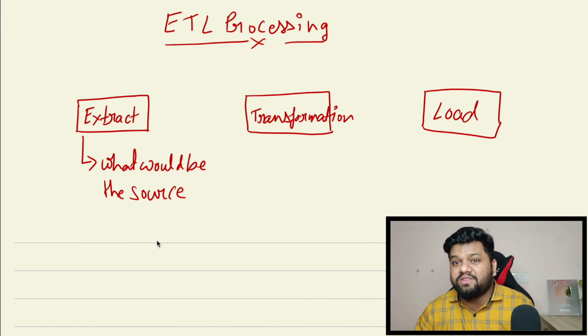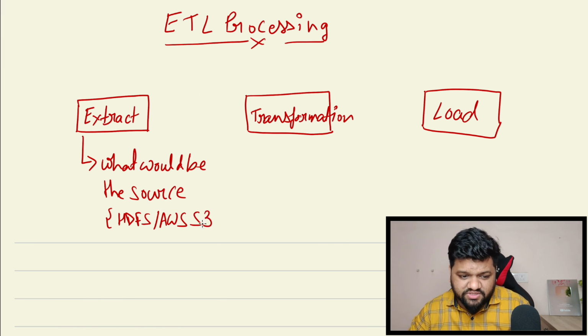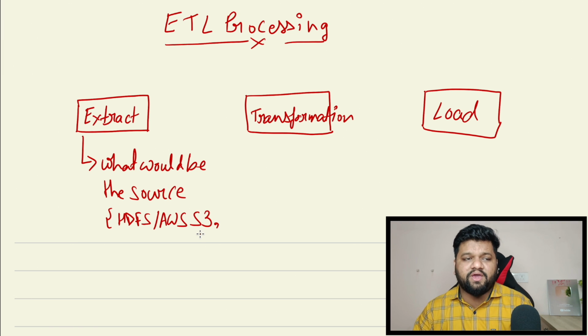Since it is not real-time data processing, majorly these sources will be any persistent file storage system which acts like a data lake, like HDFS or even AWS S3. This is one example from where you can get this kind of data which is in batch form.